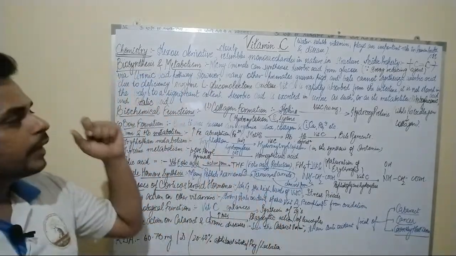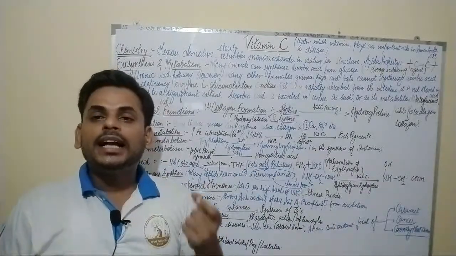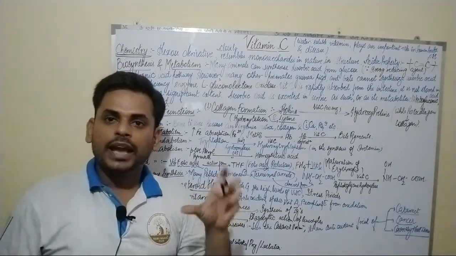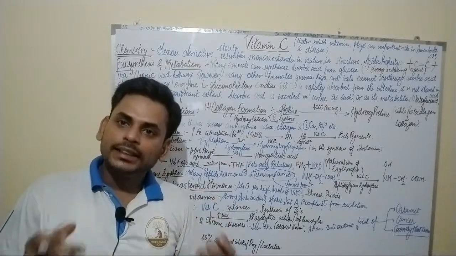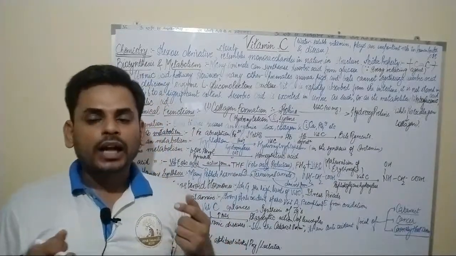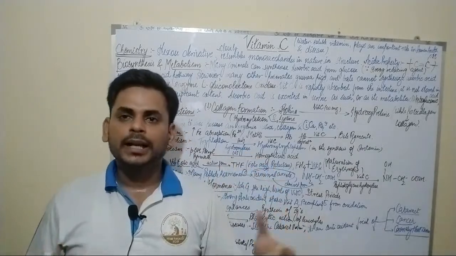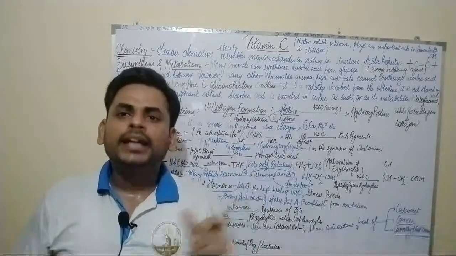When looking at the chemistry of vitamin C, it is mostly seen that it is a hexose derivative, because hexoses are the 6 carbon compounds that you must have seen in the monosaccharides. In carbohydrates we have already studied the hexose sugars.